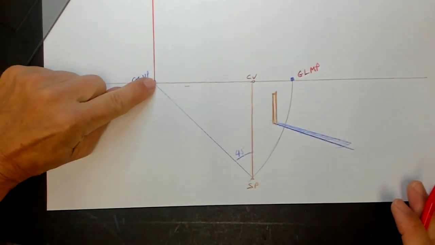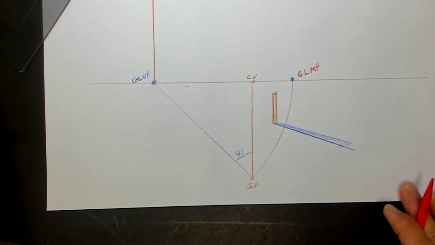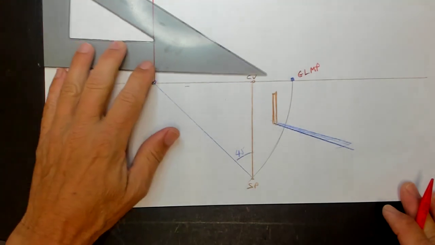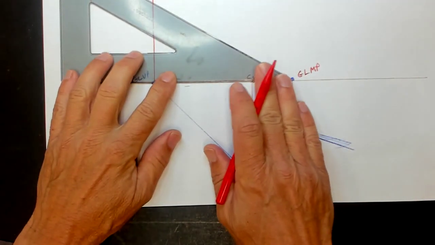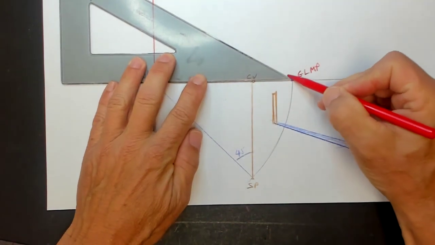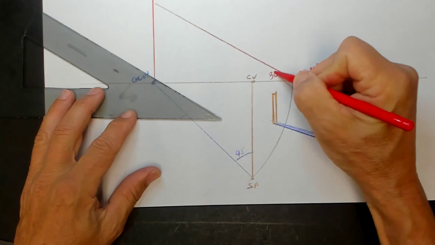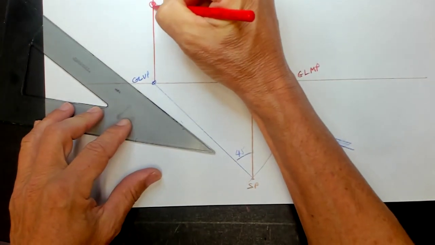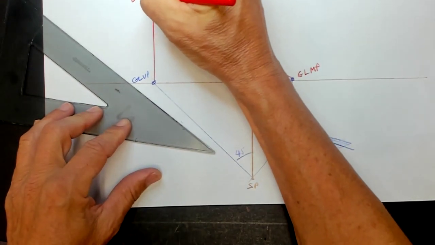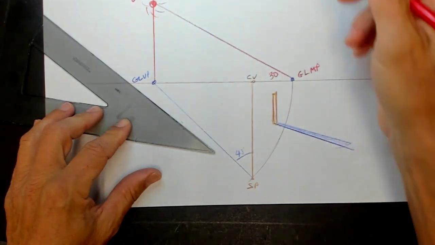So if I wanted the light angle vanishing point to be 30 degrees above the horizon line, you wanted the sun to be 30 degrees above the edge of the earth, then I come over here and take this and make a true 30-degree angle. And this is where my light angle vanishing point is. This would be the sun.